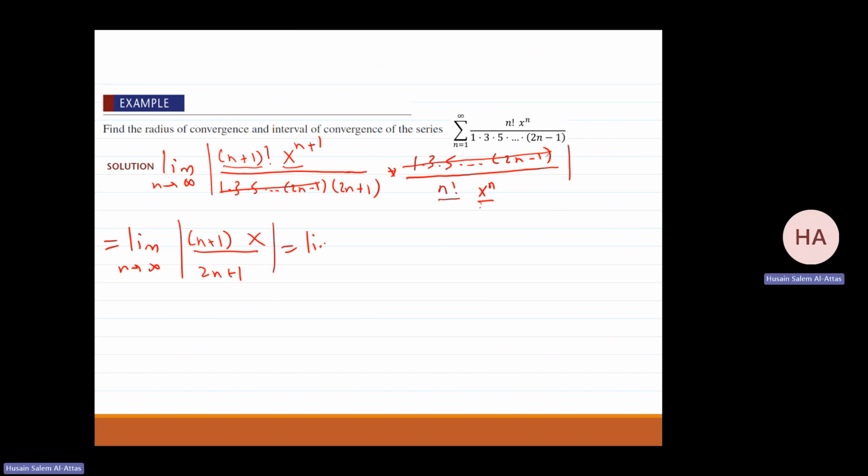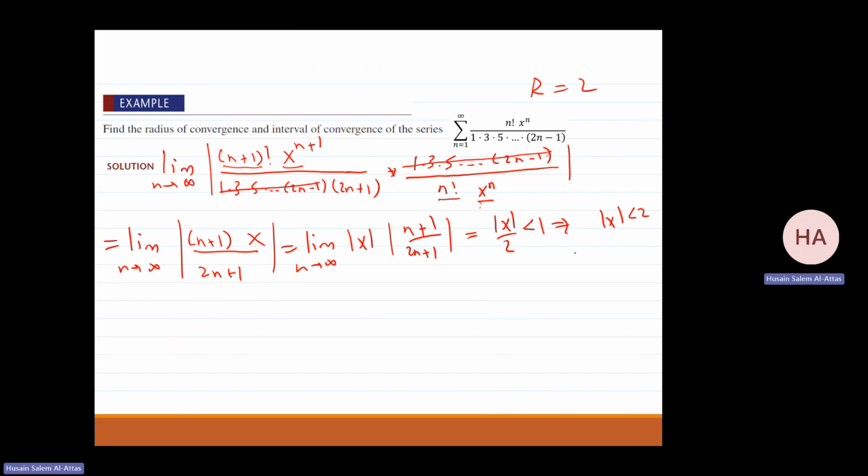And I can rewrite it. I can take the absolute value of x outside, and this is n plus 1 over 2n plus 1, which is a half. So I have absolute value of x over 2 less than 1. So I have absolute value of x less than 2. So my R is 2.